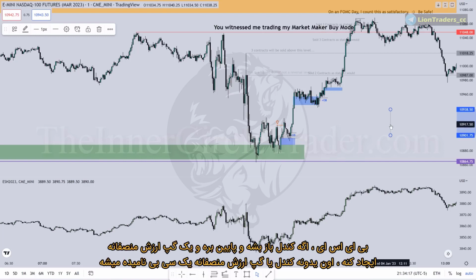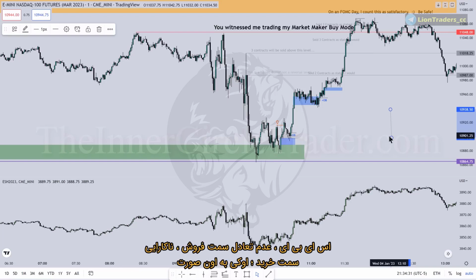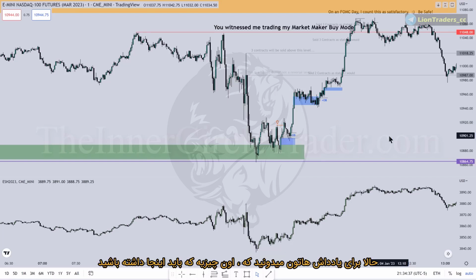If the candle opens and trades down and creates a fair value gap, that one single candle or fair value gap is labeled and categorized as a SIBI, S-I-B-I, sell side imbalance, buy side inefficiency. Okay, so that way you know now for your notes, that's what you should be having in there.